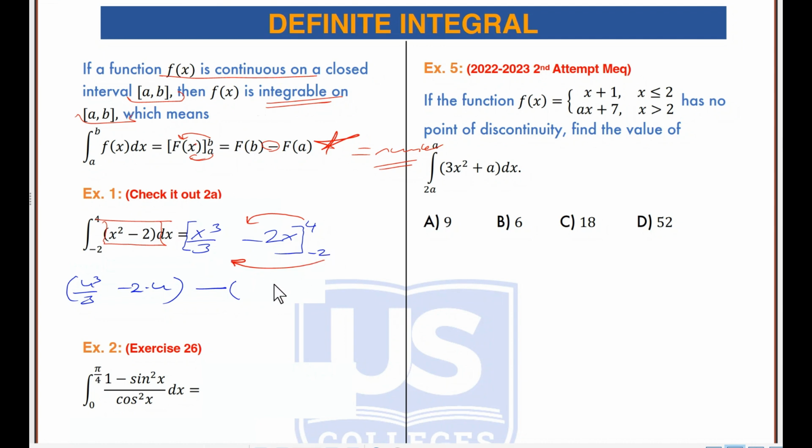Substitute negative 2 for x: negative 2 cubed over 3 minus 2 times negative 2. I'm not doing this step by step, but when we do these calculations, I will get 12. This is pretty simple. The only difference is evaluating the antiderivative at the upper and lower bounds and subtracting them.